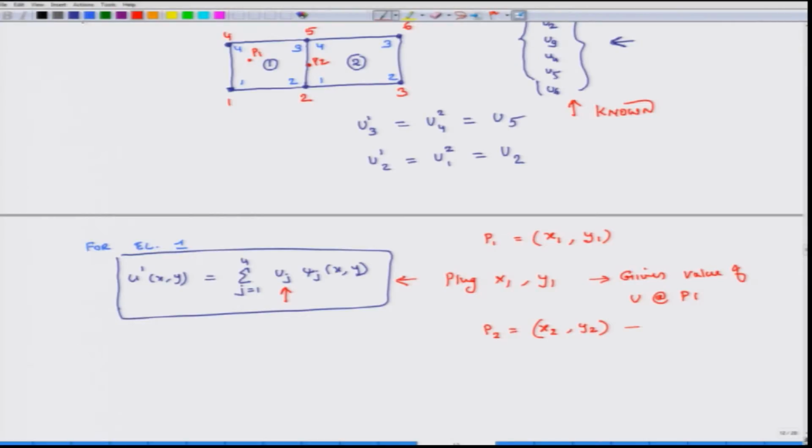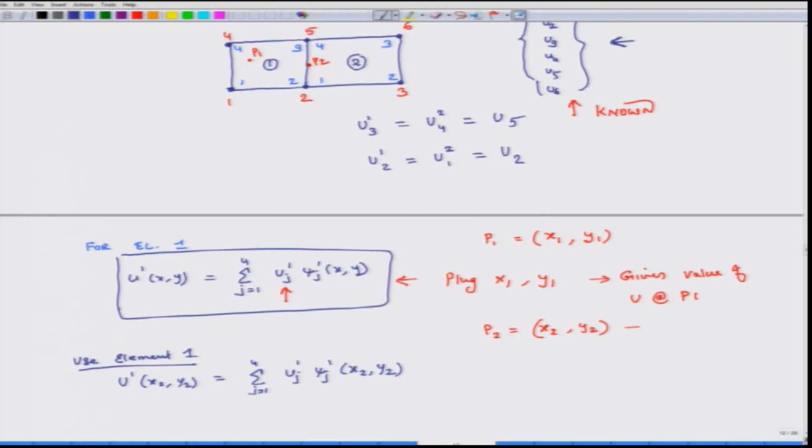If I use element 1, then the value is u1 at x2, y2. I have to put a subscript now, I have to be careful. So, at location x2, y2 which is point P2, the sum over j equal to 1 to 4 of uj for the first element times psi j for the first element at x2, y2.